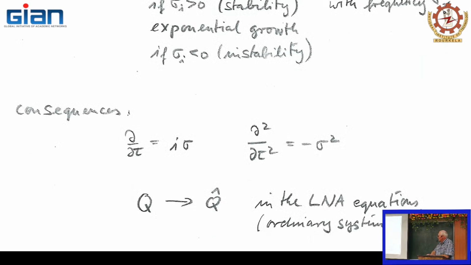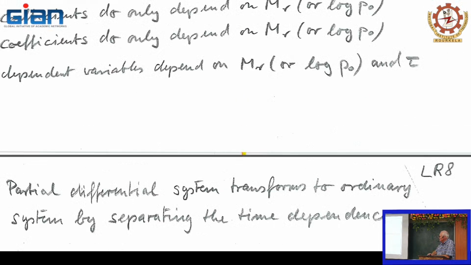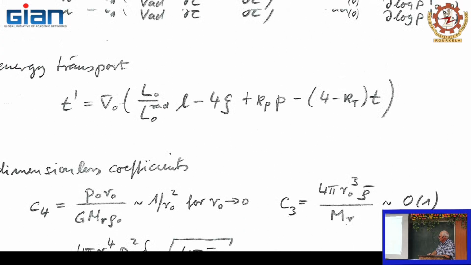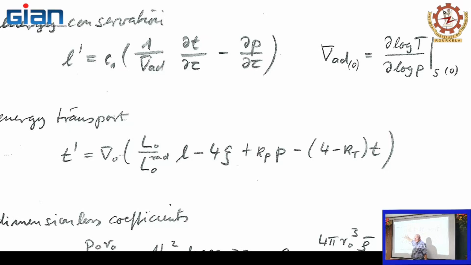Once we adopt this time separation procedure, we can cancel all the exponentials in the original equations, because the time derivatives simply give a multiplication with i sigma, and all the dependent variables contain the exponential factor, which we can simply cancel.